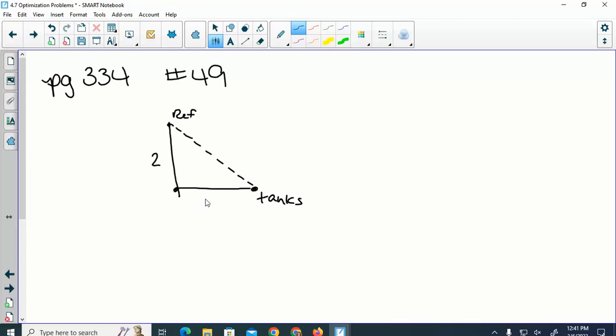Figure out where we can label some stuff here. What have we got? We have this, okay. So those are 6 kilometers to the east.